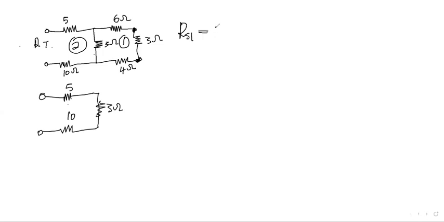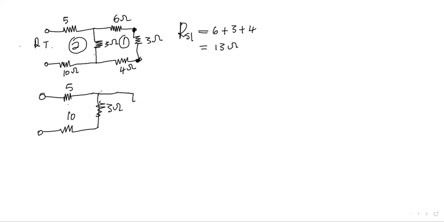So series resistor 1 is 6 ohm plus 3 ohm plus 4 ohm. 6 plus 3 plus 4 is equal to 13. That means I will replace these three resistors with only one resistor, which is called RS1 and is 13 ohm.